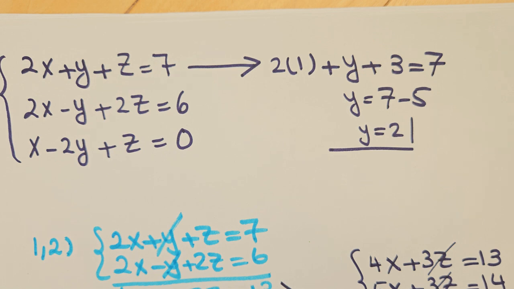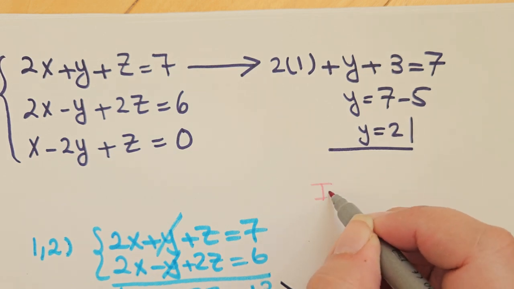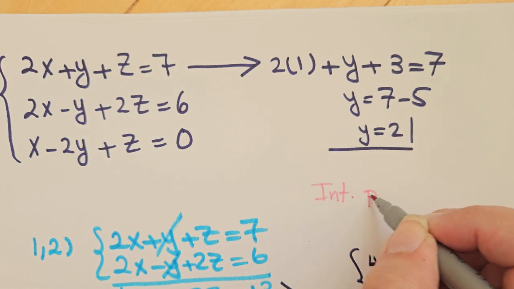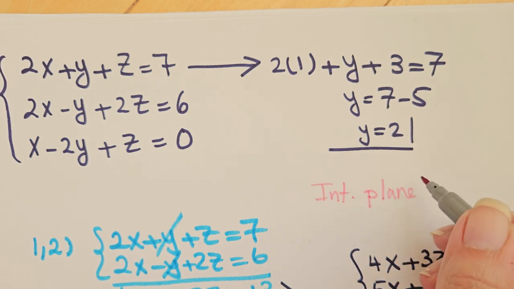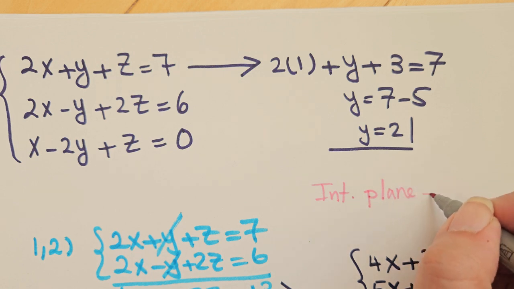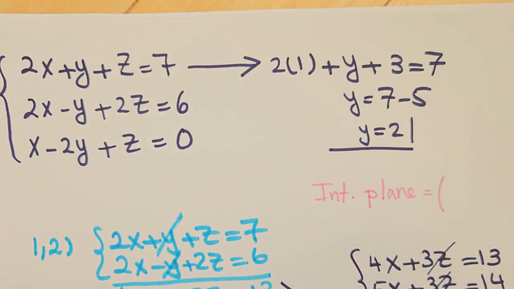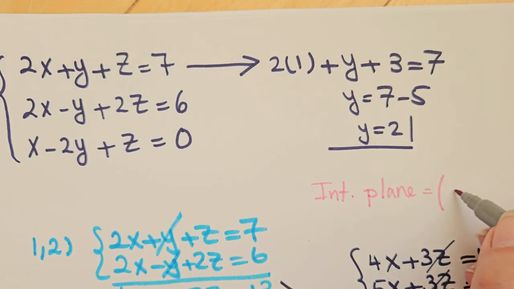And if I want to sum it up, the intersection, because in 3D it wouldn't necessarily be a point, would be 1, 2, and 3. That's the value of x, the value of y, and the value of z.